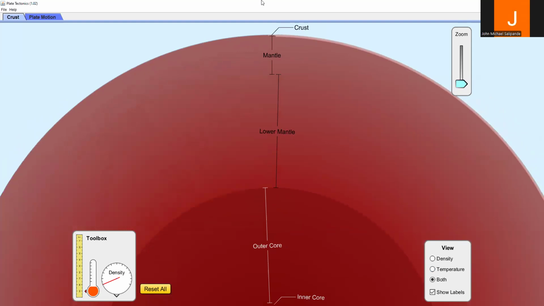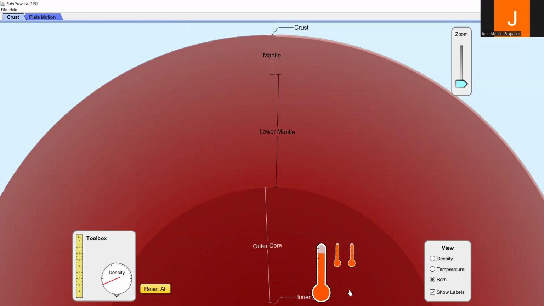All right. Even if we don't have the exact temperature values and ranges from crust down to inner core, we can use the thermometer from the toolbox here. So as you can see, the temperature somewhere near the crust is pretty low, while as we descend and sink deeper, the number on the thermometer increases until the inner core.